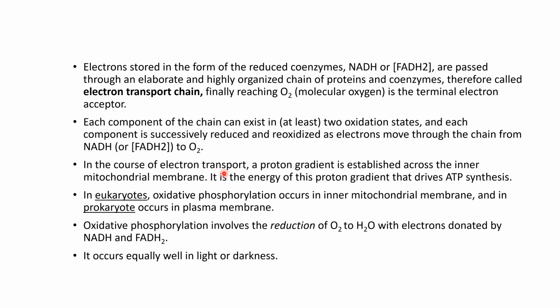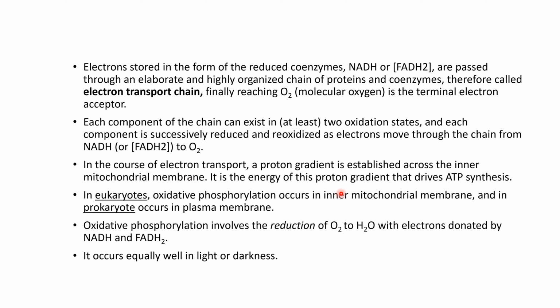In the course of electron transport, a proton gradient is established across the inner mitochondrial membrane. We need to know that this oxidative phosphorylation is basically happening in the mitochondrial membrane. So there are the mitochondrial matrix, the mitochondrial inner membrane, and the intermembrane space. We'll talk about this, and this is basically happening in the inner mitochondrial membrane.